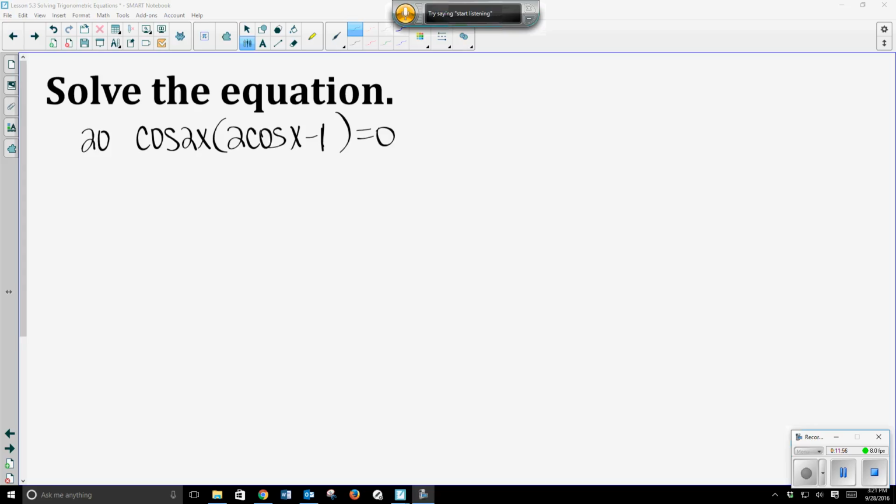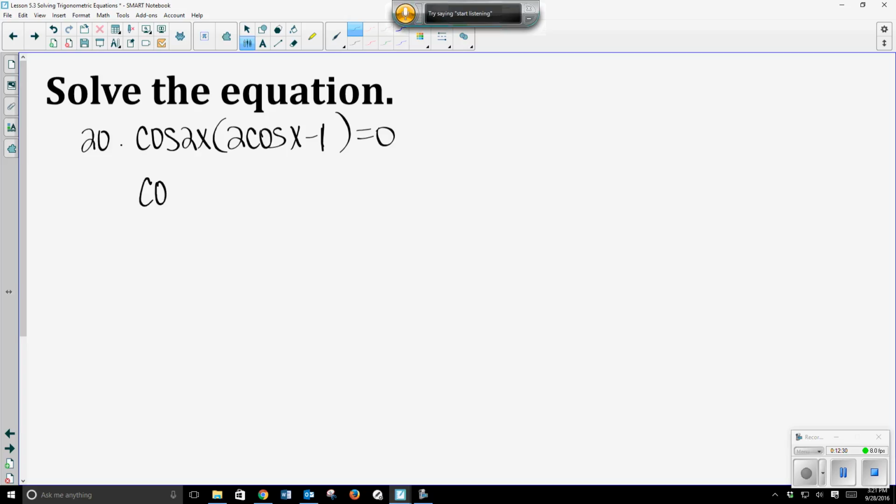Remember when you factored, let's say you have x plus 1 and x minus 1 equals 0. You set each factor equal to 0. Well, similar to what we're doing here on number 20. We have two factors. We're setting each factor equal to 0.